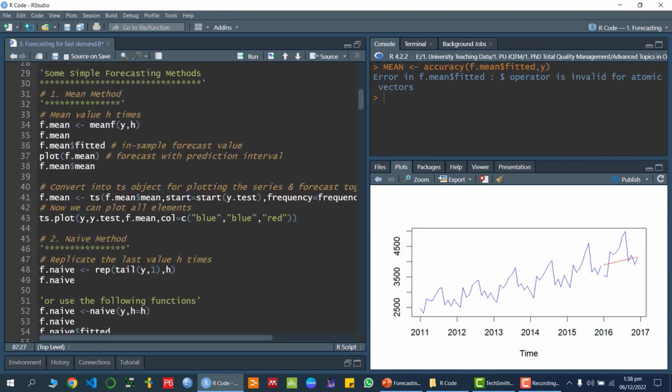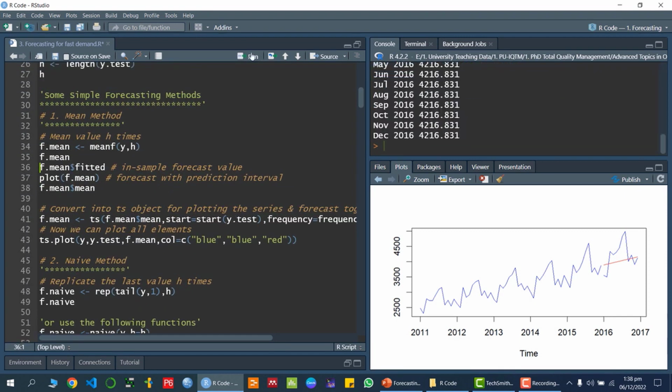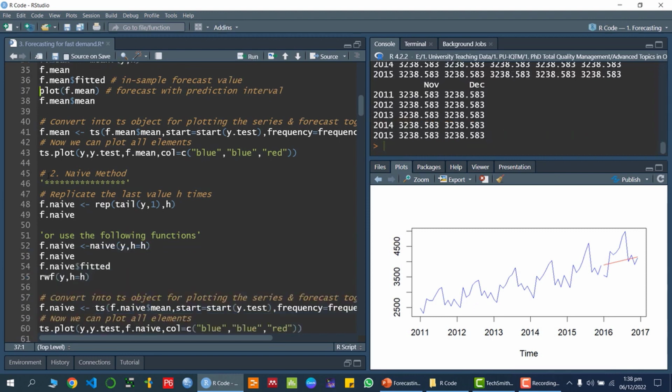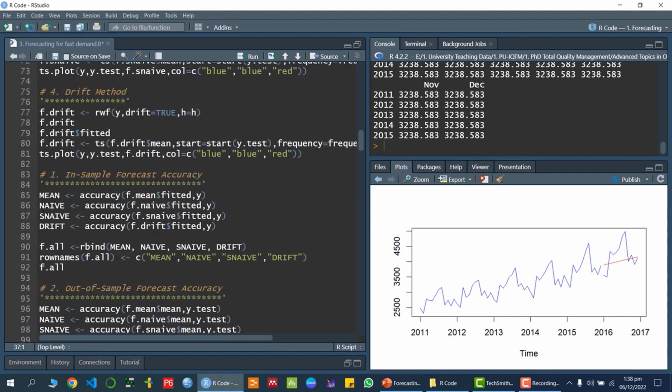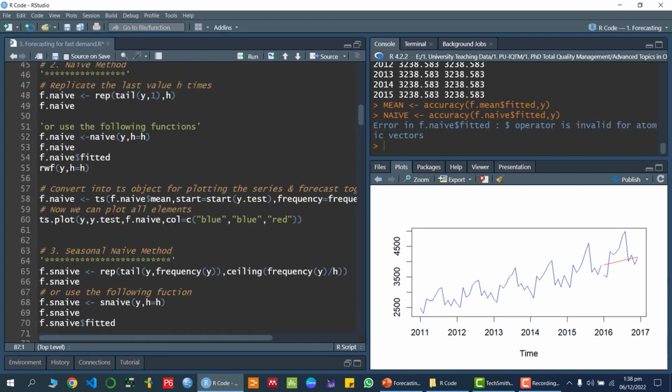Let me do this. Why am I getting an error? This is the mean fitted value. Let me run this, and then I am going to run this particular command again. Now we are getting the fitted value. Now I have to do this again.